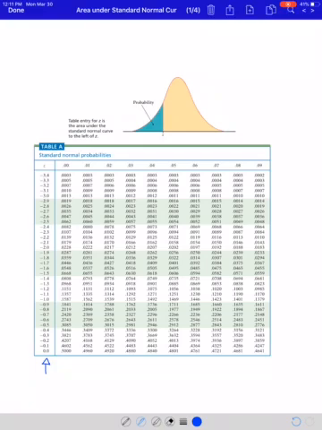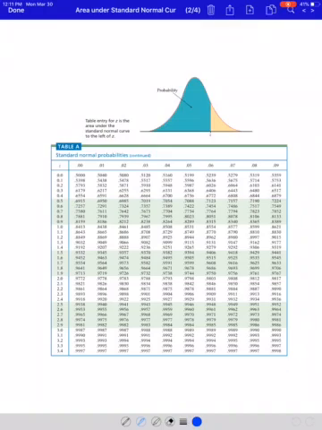Basically, what this table tells us is, if we have our z-value, notice 0 here is in the middle, z here is negative, so it's to the left of 0, and this table gives us the area under the curve to the left of z. Here's our other table, and this is for positive z-values. Notice 0 here is in the middle, and now z is positive. But again, the table just tells us the area to the left of z.